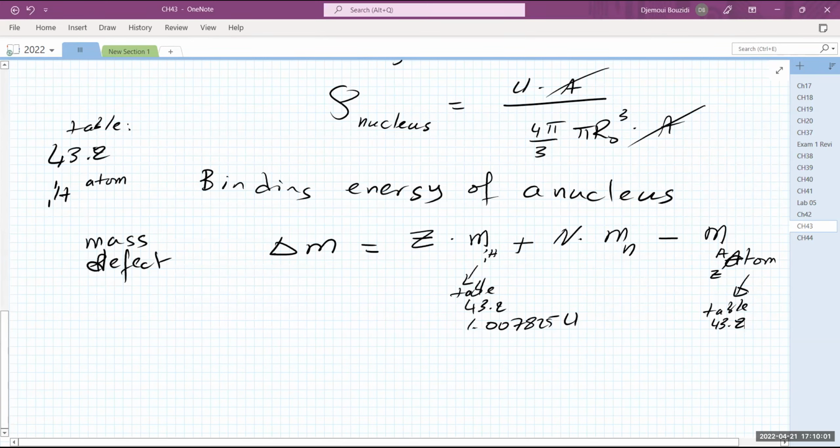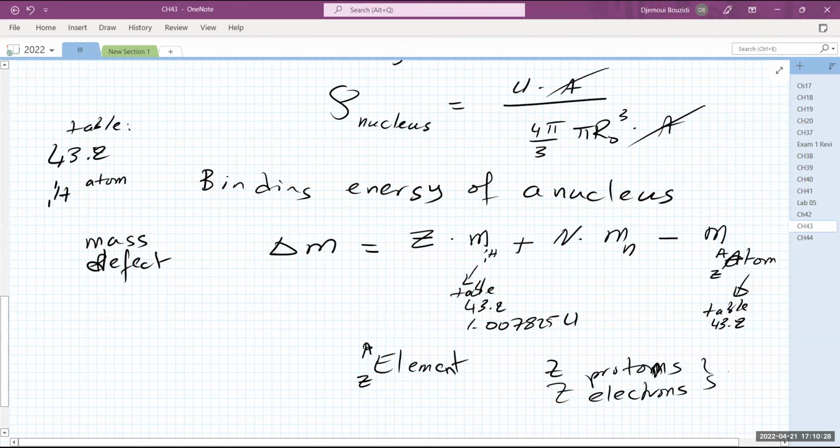So in order to make this atom of this element of a given Z and a given A, what I'm saying in here is gather Z protons, okay, and Z electrons. So basically you have now formed Z times hydrogen atoms.